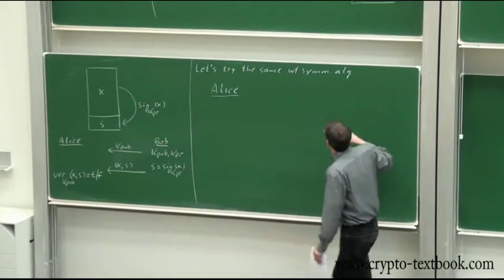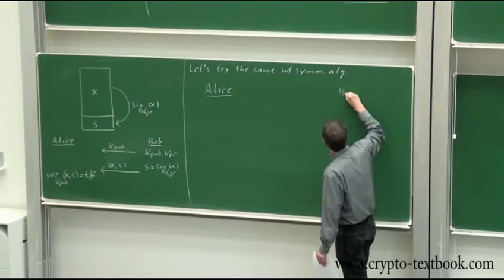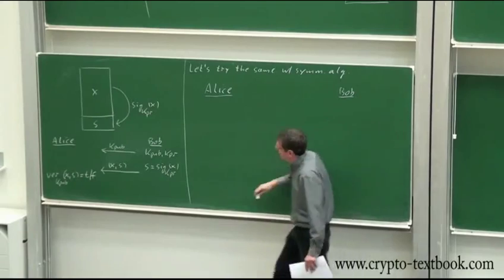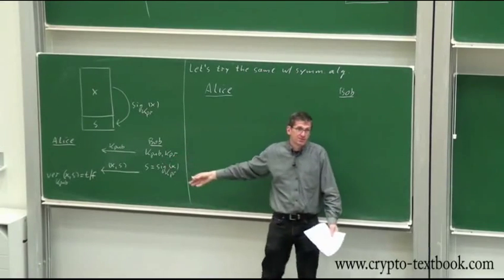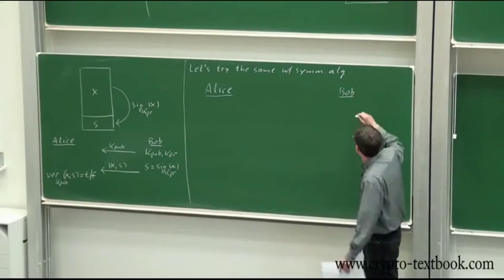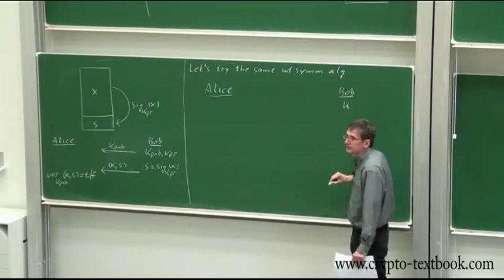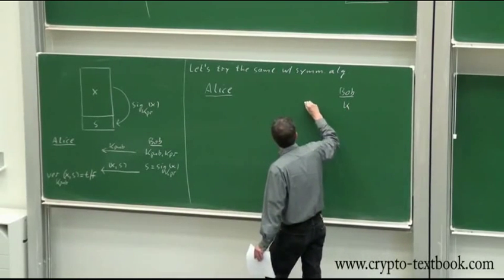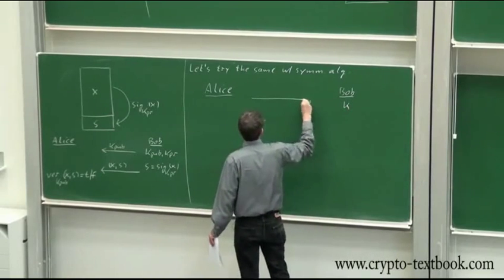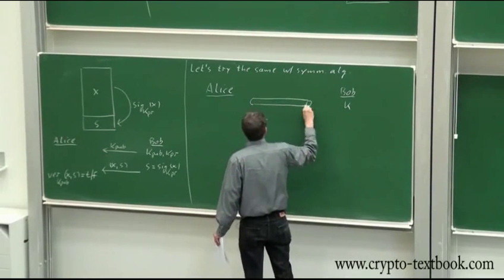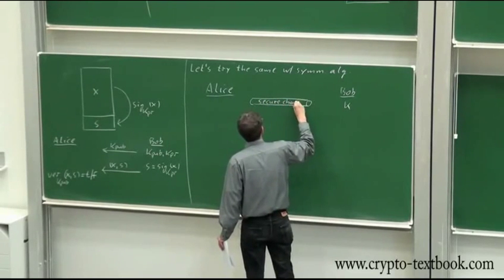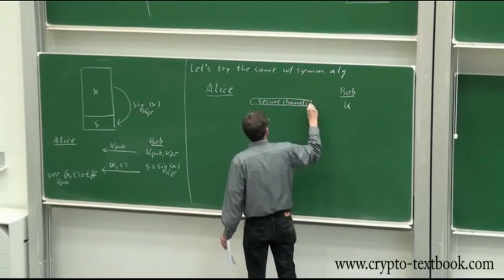If we want to do that symmetrically, we have Alice and Bob again. So now Bob does not have a public-private key pair, obviously. He only has his symmetric key, which he needs to share with Alice. So how does he share? Well, he has to build a secure channel, right?